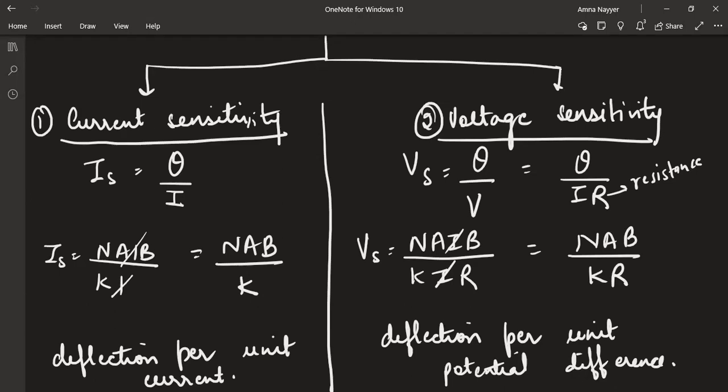Deflection divided by the current gives you the current sensitivity. In the same way, voltage sensitivity is the deflection divided by the voltage. So the deflection per unit current is the current sensitivity, and the deflection per unit potential difference is the voltage sensitivity.